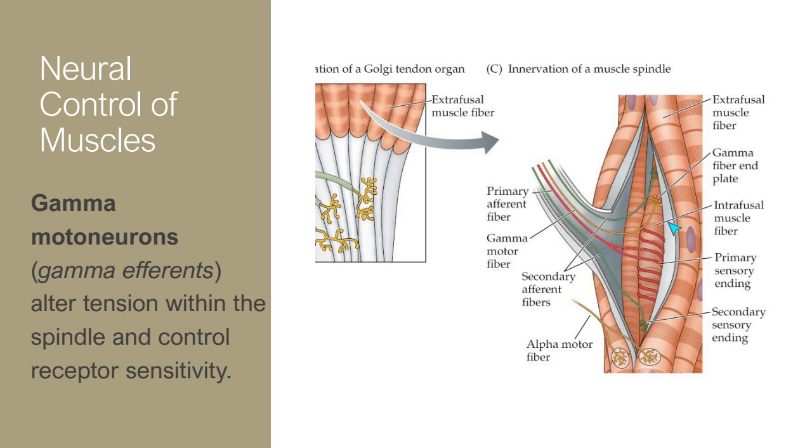Gamma motor neurons alter the tension within the spindle, and they also control the sensitivity of the receptors. They're small spinal neurons that innervate the muscle spindles.